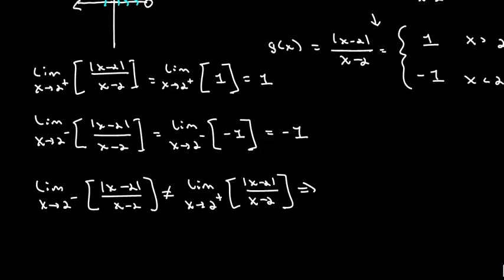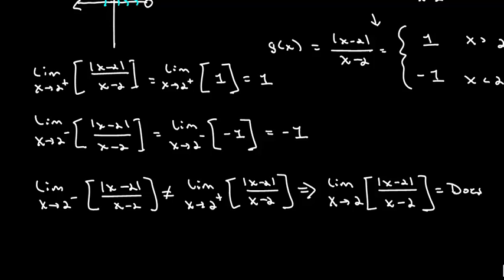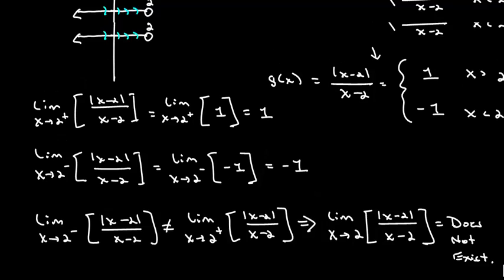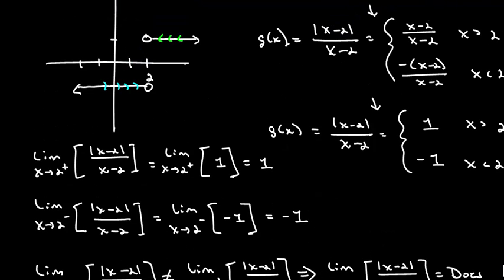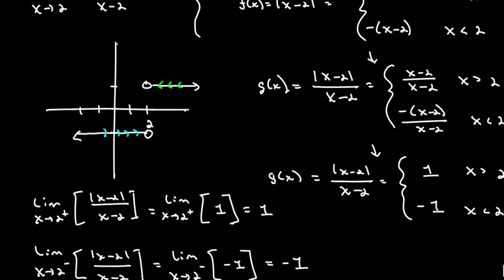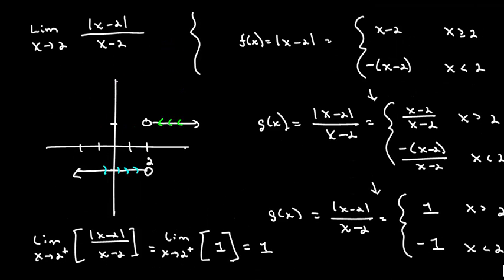And that implies, that's what this arrow means, that the limit as x approaches 2 does not exist. There is no limit because our limit from the left hand side is different from the limit coming from the right hand side. Since we have different limiting values from those two sides, the overall limit doesn't exist. This is your argument.